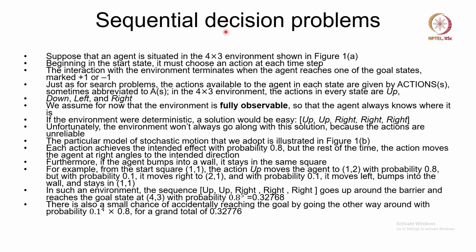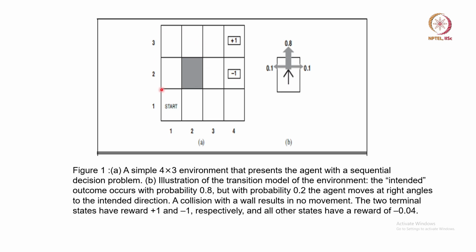So, what is the sequential decision problem? Let us consider an agent, okay, which is situated in this particular square or rectangle given over here in the start position, right? And the agent has to move, okay. It can either move up or down or left or right basically, okay.